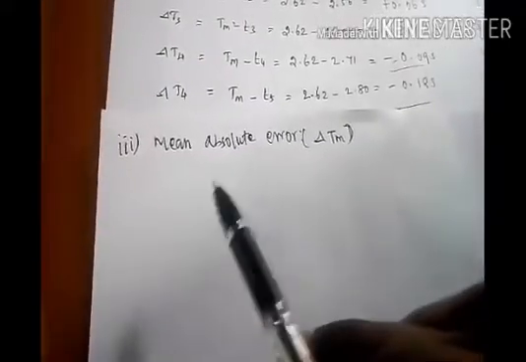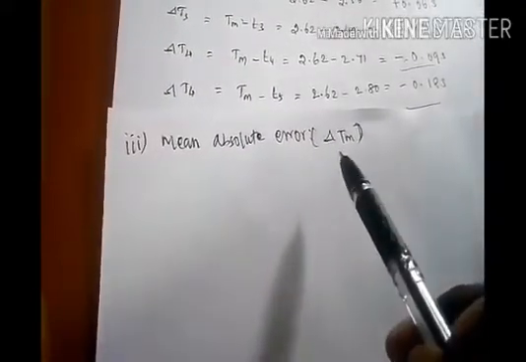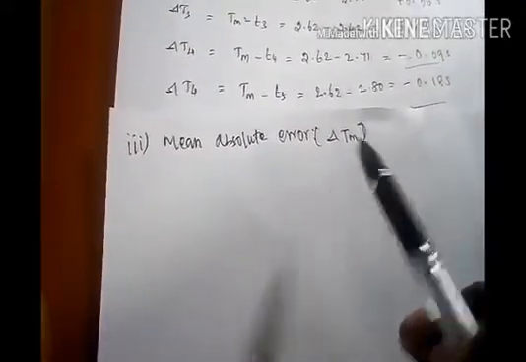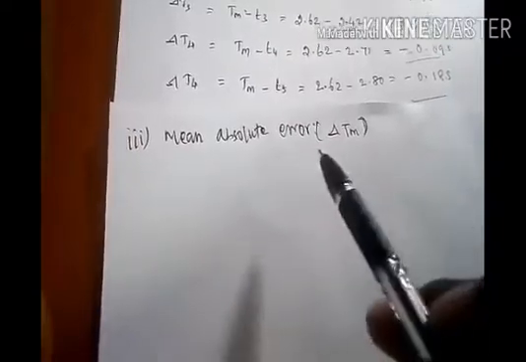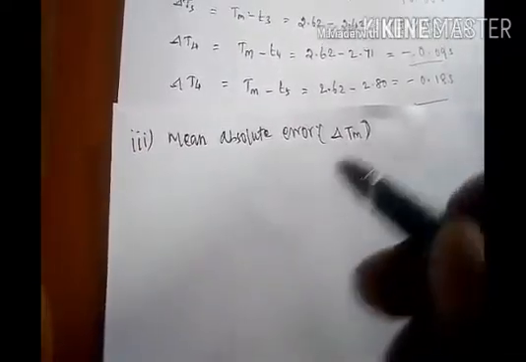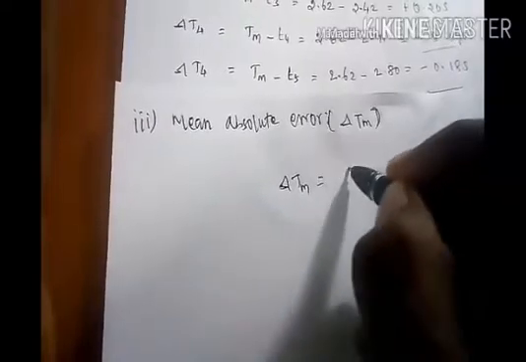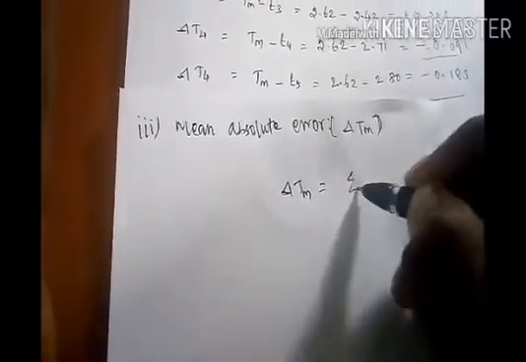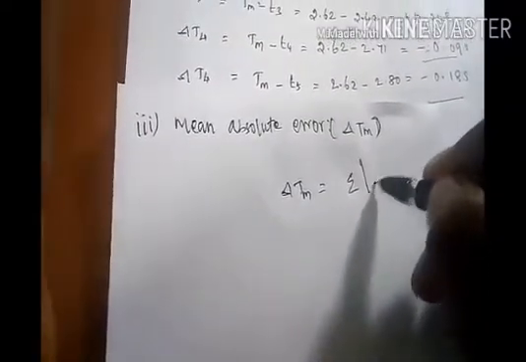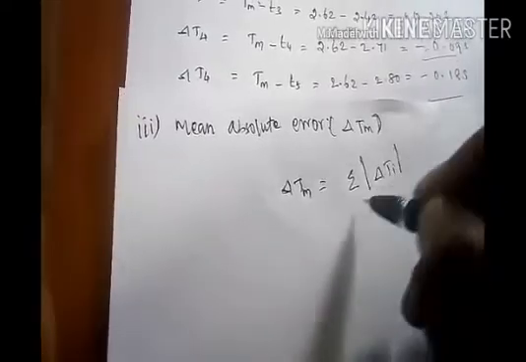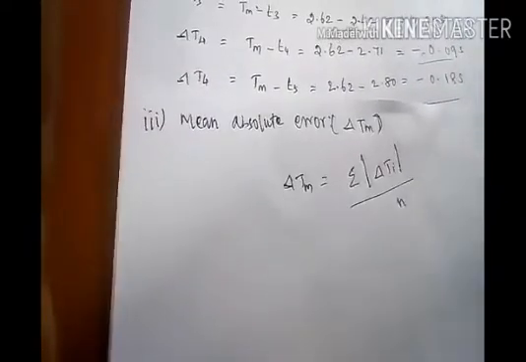So next one is the mean absolute error, indicated as delta Tm. How to find out the mean absolute error? It has a formula: delta Tm equal to summation of modulus delta Ti divided by n.